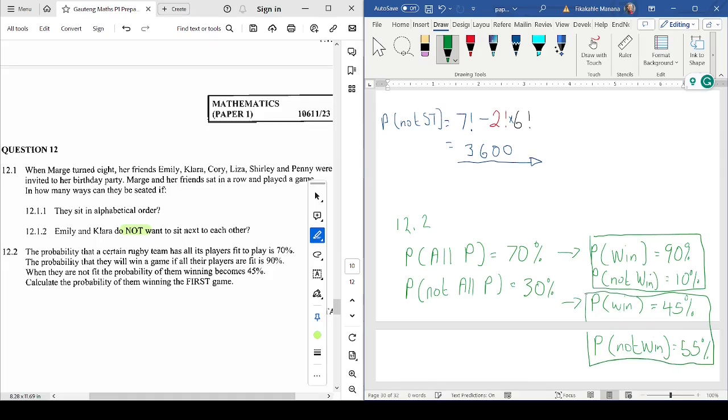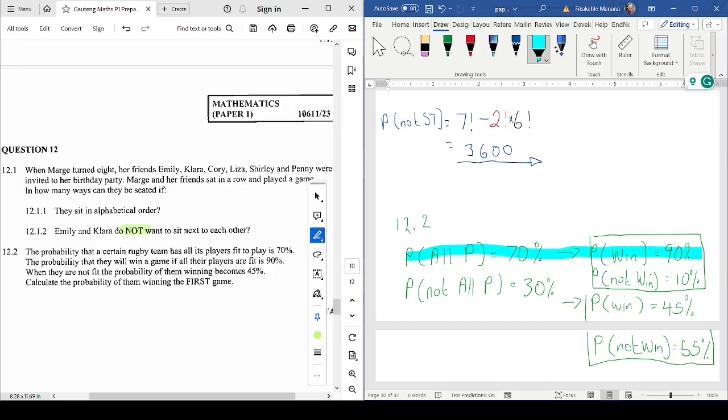Okay, now calculate the probability of them winning the first game. Winning the first game. Okay, so this has to do with the first game. Okay, so we can see that they can win the first game in two ways. Either, just to follow, you follow this one, you see, they win there.